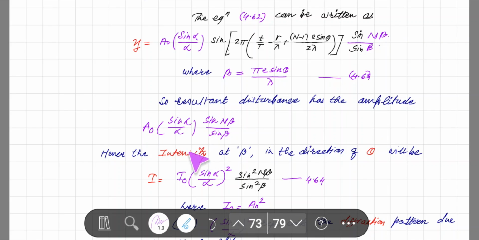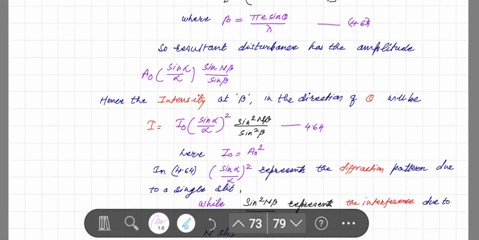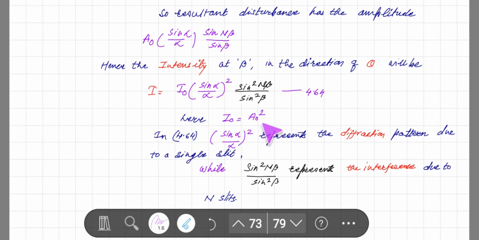So from amplitude we can find out the intensity, and that intensity at B in the direction of angle theta is given by I is equal to I0 (sin alpha / alpha) whole square into sin square n beta upon sin square beta. Here I0 is basically A0 square, that is the intensity, we know that is equal to amplitude square.